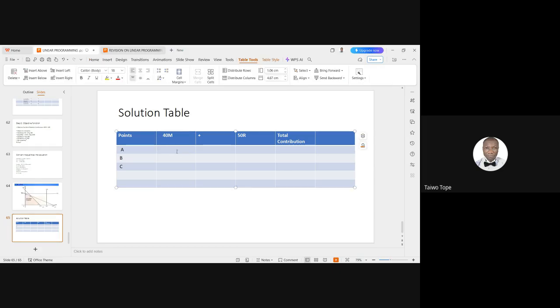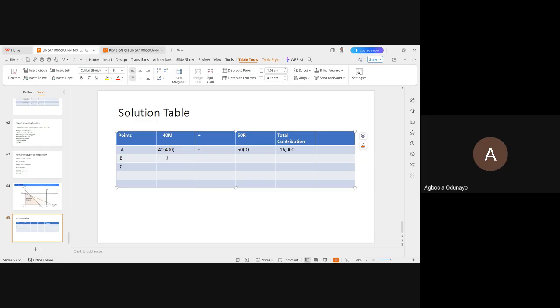So at point A, if M is 400 and R is 0, what will be your contribution? 16,000.